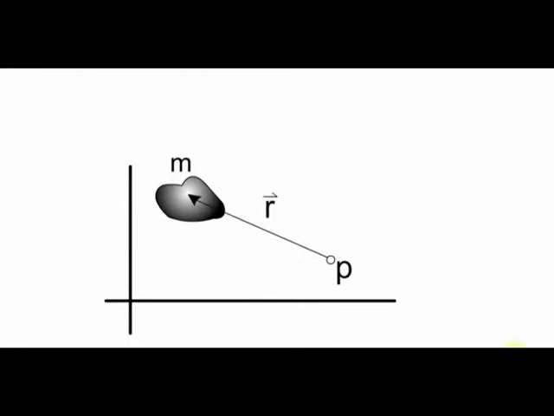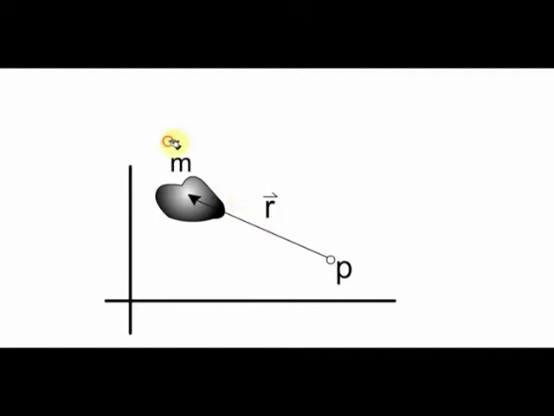So here we have an object and the mass of this object is m. As you know, mass is a scalar quantity, so we want to find out the moment of this mass m.